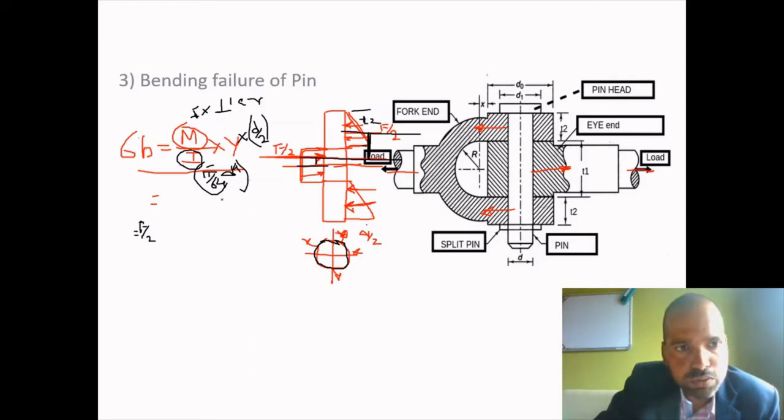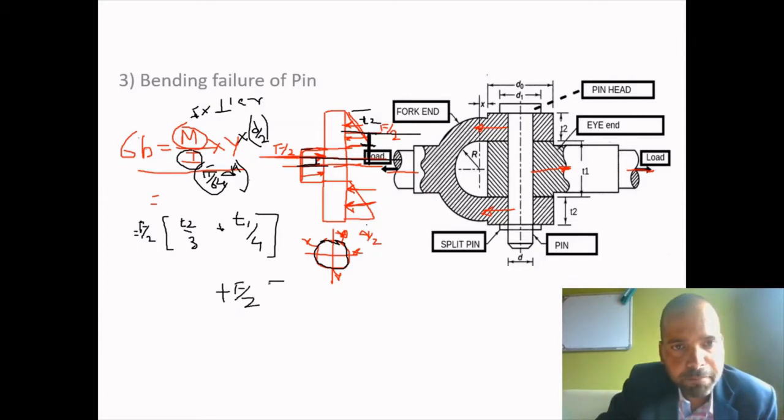Now the bending moment M will be equal to, if we take F by 2, what is the distance from here? This distance is equal to t2, so F by 2 into this much distance, t2 by 3, plus this distance, t1 by 4. Plus F by 2 into this distance.